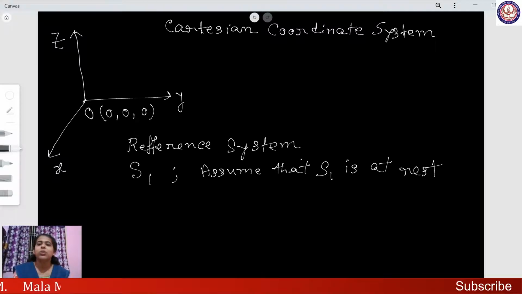We can also take a reference frame which is moving. If we fix these 3 axes in a moving train, then the coordinate system will move with time.